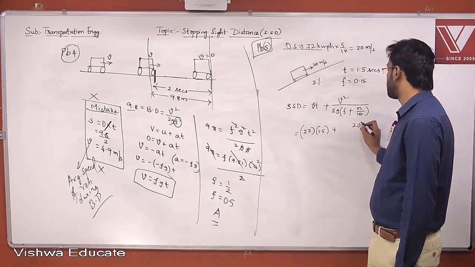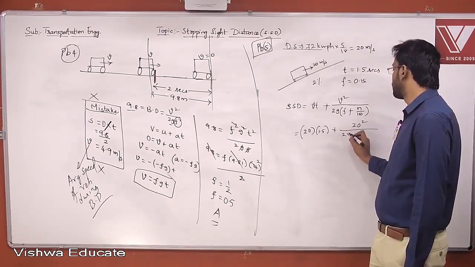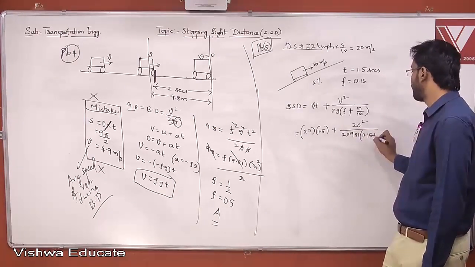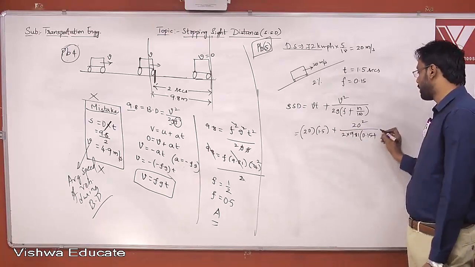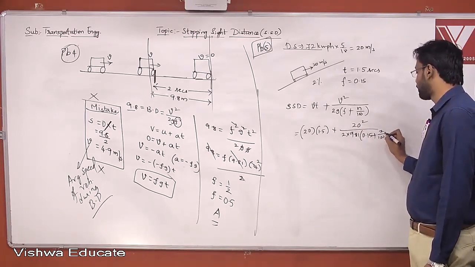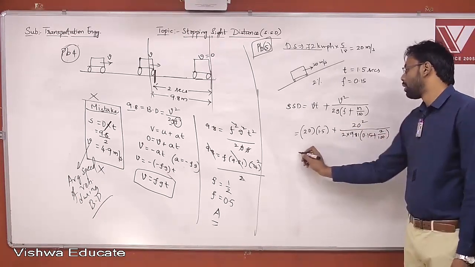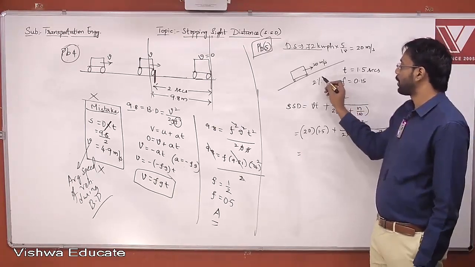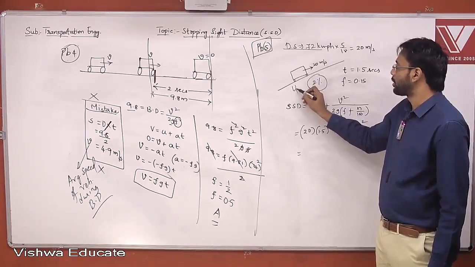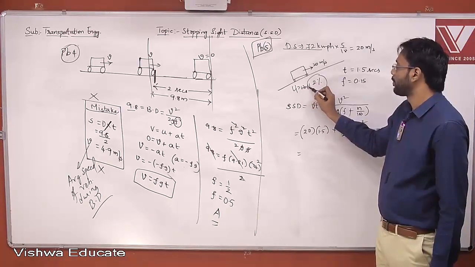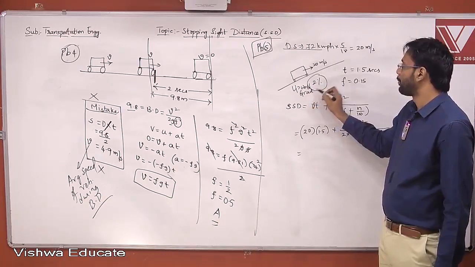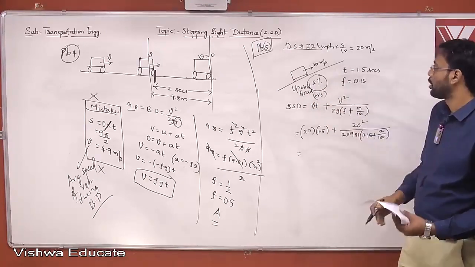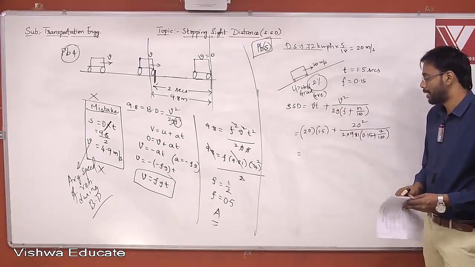So 20 square by 2 into 9.81 into f, which is given as 0.15 plus 2%, that is 2 by 100. Everything is directly given. The only thing is you should consider the effect of the upward gradient. Upward gradient is positive. That's it. Everything is directly given.